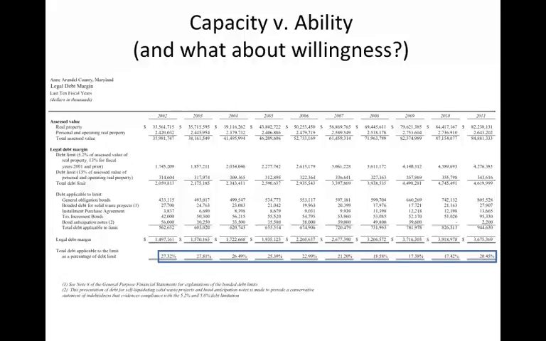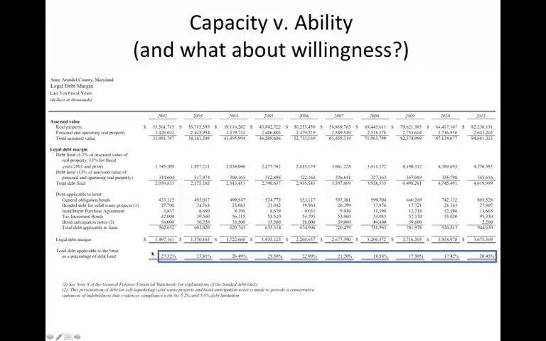And then they have a ratio here that looks at the total debt that is applicable to the limit divided by the debt limit. So you see that they've used up 27% of their legal authority, which means conversely they've got 73% of that legal authority left. Remember, though, you need to look at ability, legal authority, and capacity or affordability at the same time.